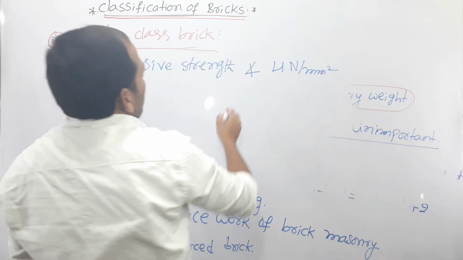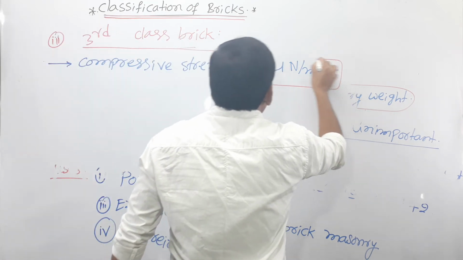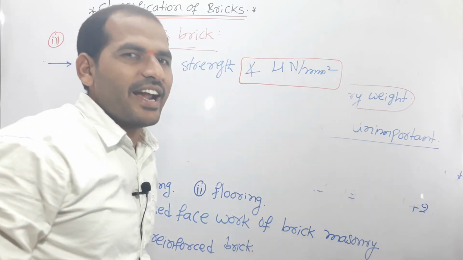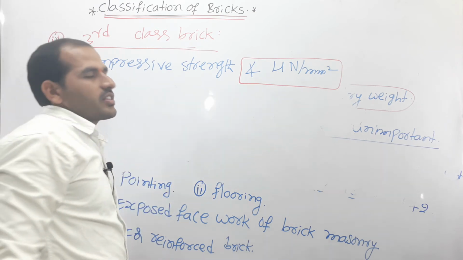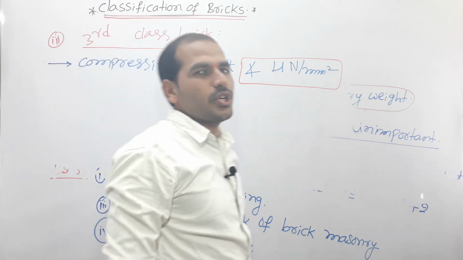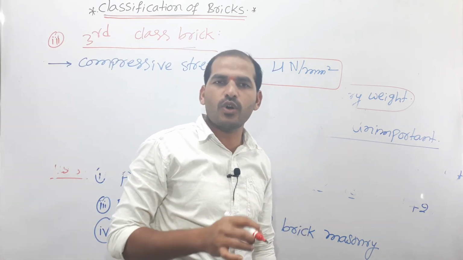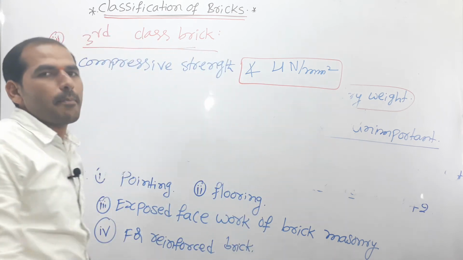Remember the compressive strength, the water absorption, and where it is used. The compressive strength of the third class brick should not be less than 4 Newton per mm square, or megapascal.